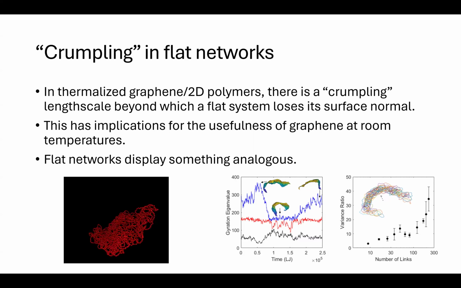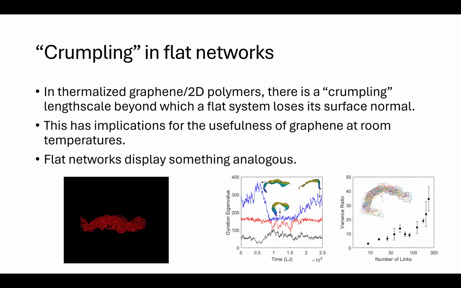And if you look at these networks, they form a diamond shape, which I didn't mention. The diamond has about a 2-to-1 aspect ratio, and it wiggles only on the long axis of the diamond. So eventually, if they get big enough, they can fluctuate so much that the surface normal, like here.